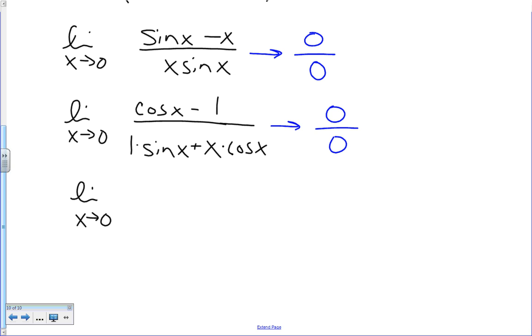So in the numerator, derivative of cosine is a negative sine. In the denominator, you've got derivative of sine of x is cosine of x for the first part of that, plus x times cosine of x, that's a product, so use product rule here. Derivative of x is 1 times cosine of x, plus x times derivative of cosine of x, which is a negative sine of x.